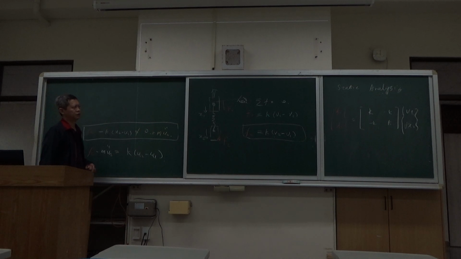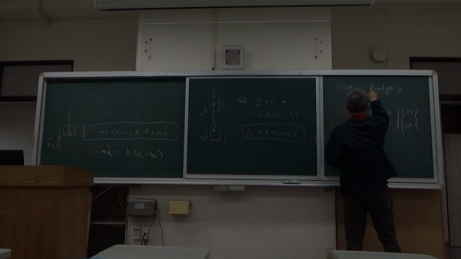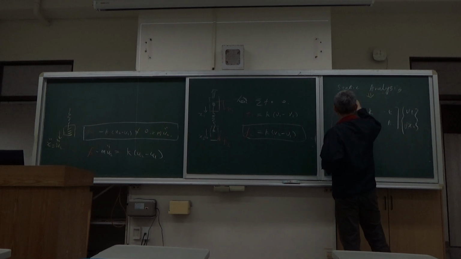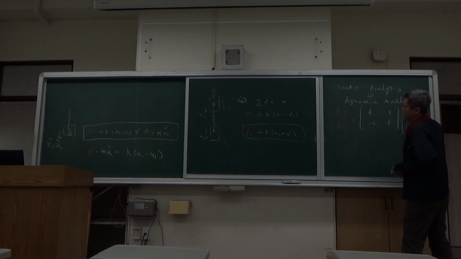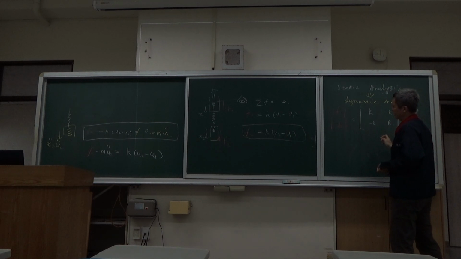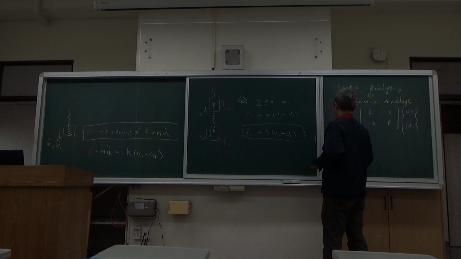So how do I turn these equations into a dynamic equation? I turn it by adding an extra term. This is my 0 and m U2 double dot.